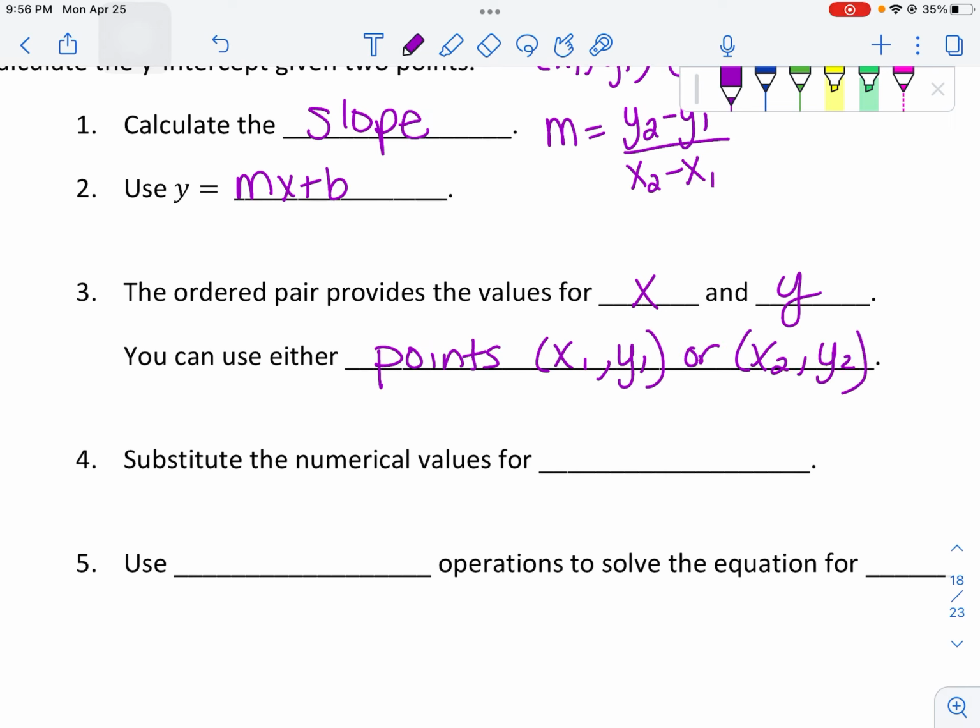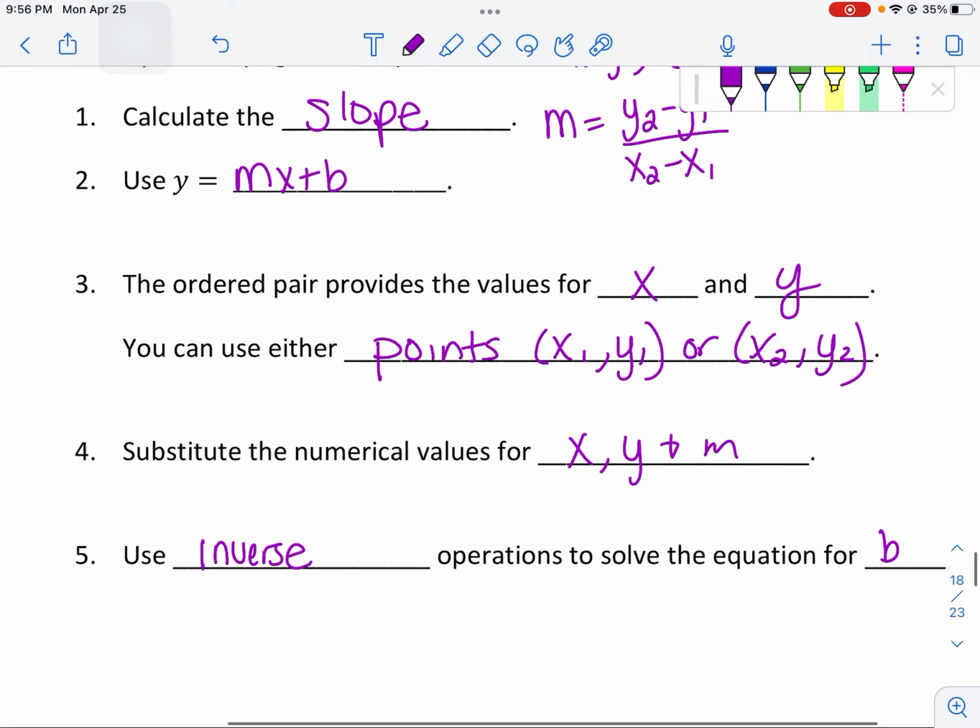You can do either one. Substitute those in for x, y, and m, and then use our inverse operations to solve for b. So essentially we're going to be doing the same thing we did in the last lesson, except that we have to find our slope first using our slope equation, and then pick a point and solve for b.